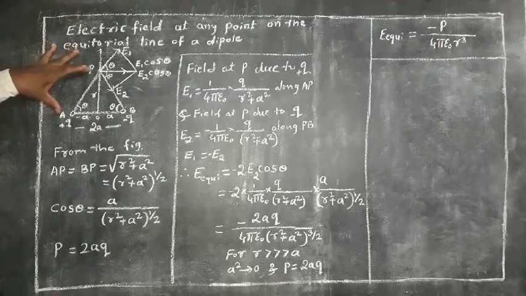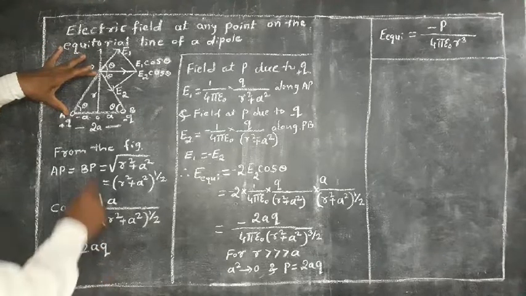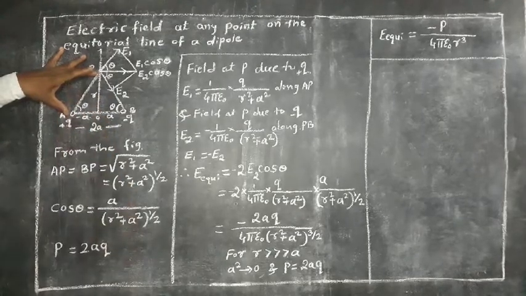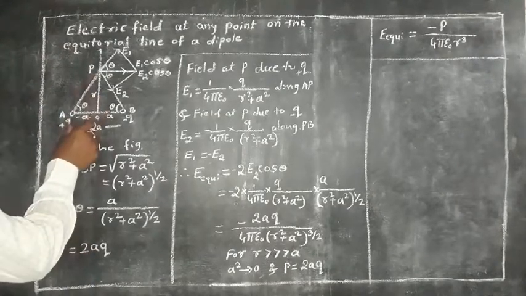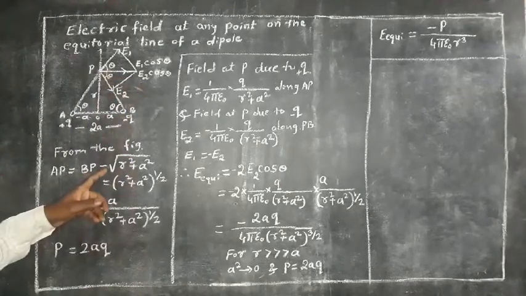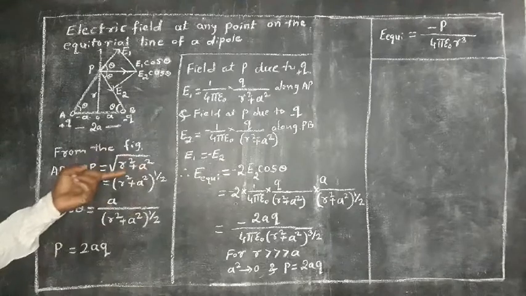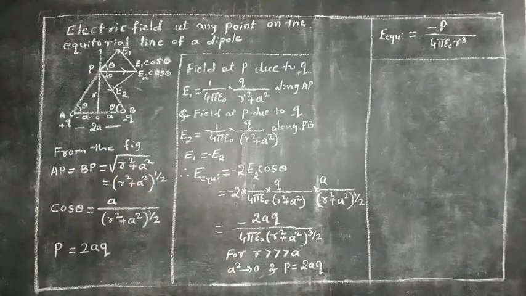According to the Pythagoras theorem, the square on the hypotenuse is equal to the sum of squares on the other sides of a right angle triangle. Hence, from the figure, AP equals BP equals square root of r square plus a square. It can also be written as (r square plus a square) raised to 1 by 2.